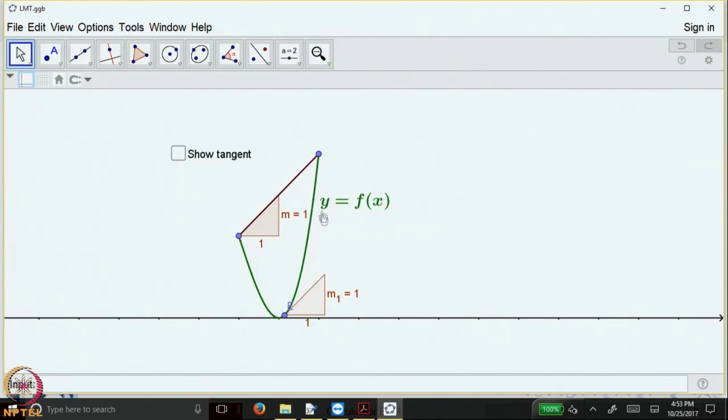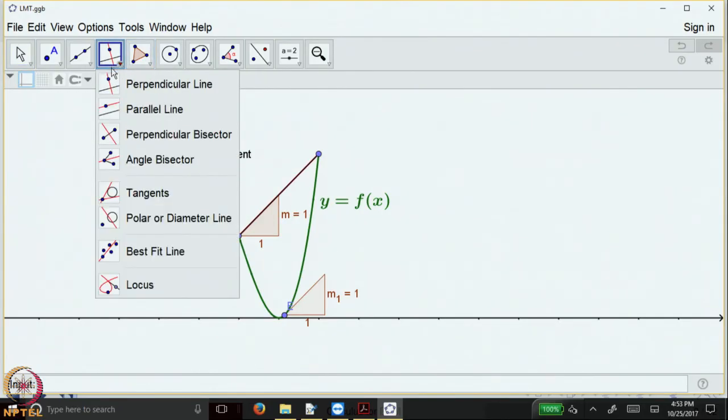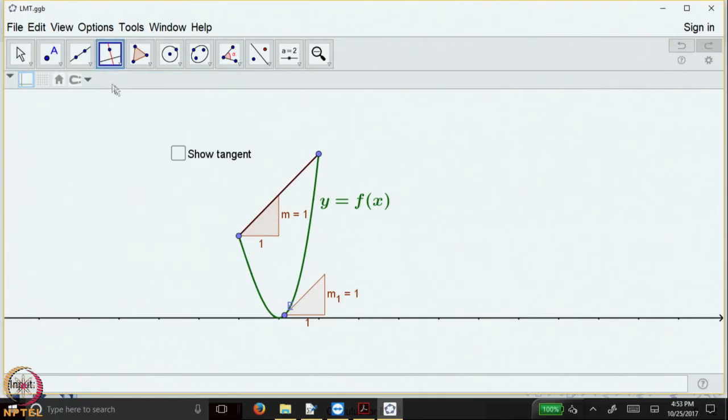So, this green one is the graph of the function on the interval a b. This is the point a somewhere here and this is the point b somewhere here. If you want, I can locate both points a and b. Let us locate the points by drawing perpendicular lines.